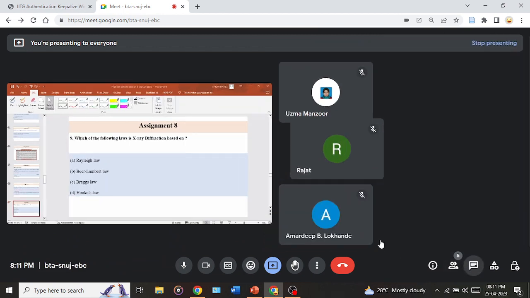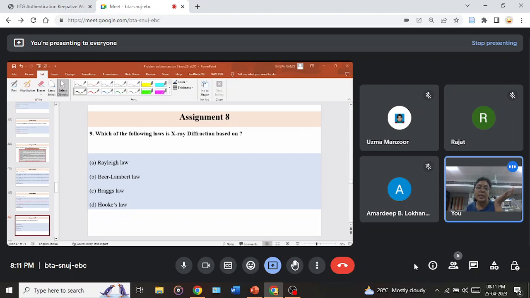Okay, so Rayleigh law is actually the basis in case of optical microscopy. In light microscopy or other optical microscopy, we saw this Rayleigh law working, wherein a light beam is used. What does the Rayleigh law basically give?